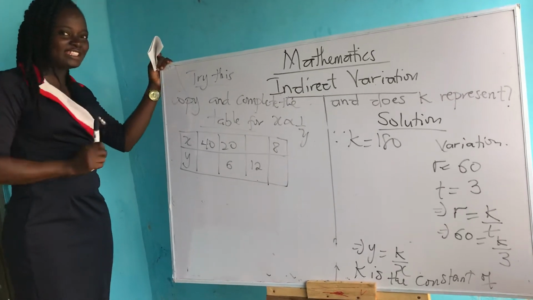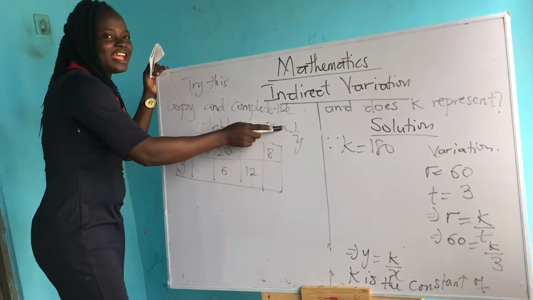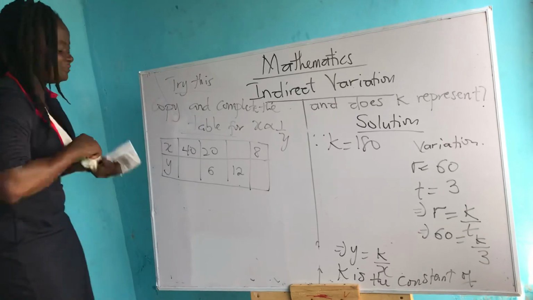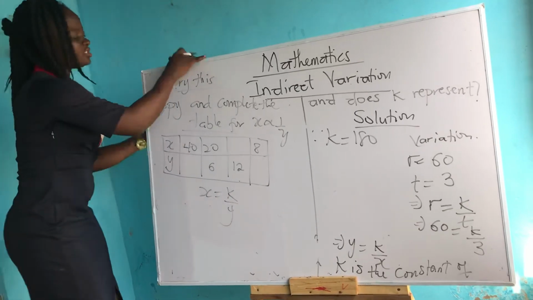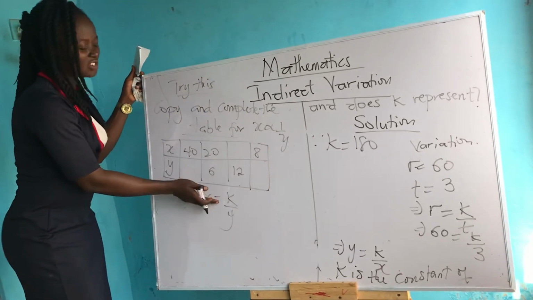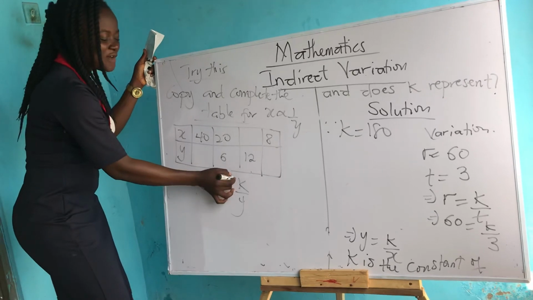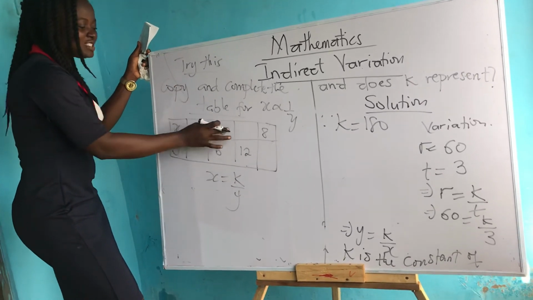First of all, change the sign and introduce your constant, so x equals k over y. Then find your k, that is your constant, using these variables.